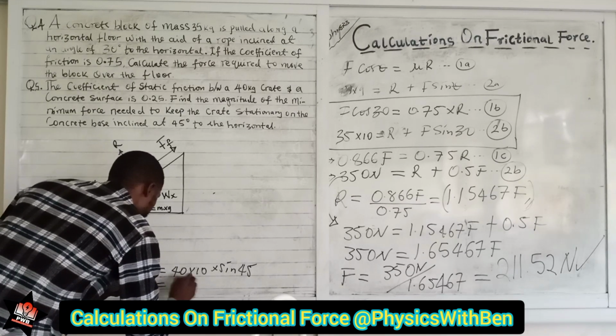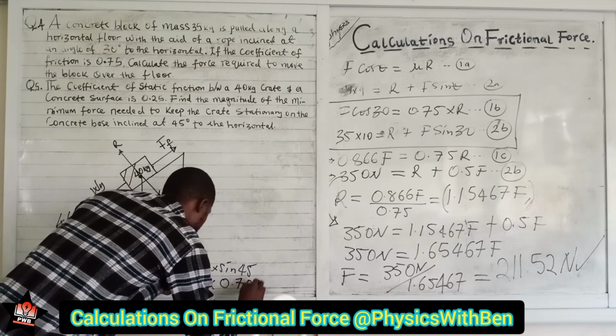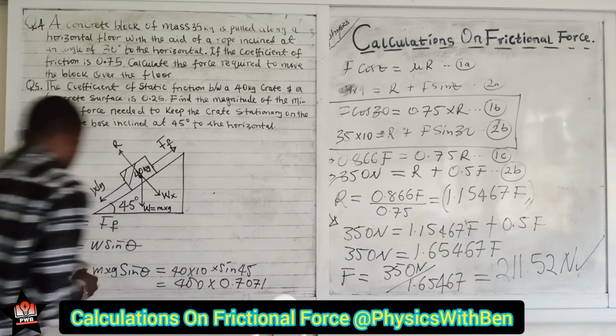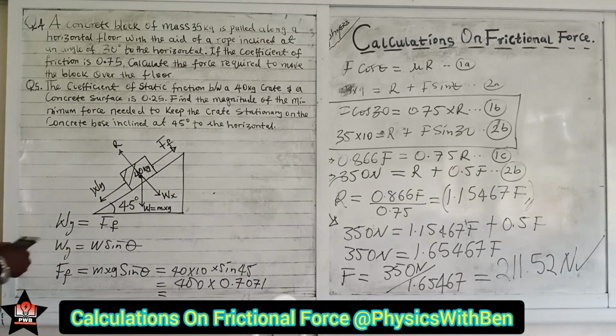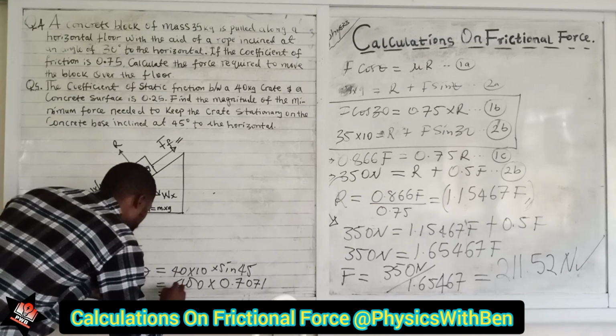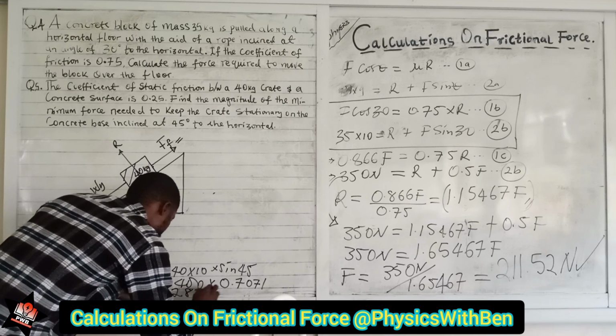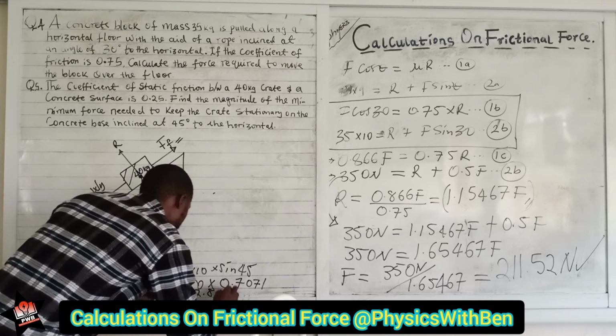So we have 400 times 0.7071. My calculation on this channel is 282.84 Newton.